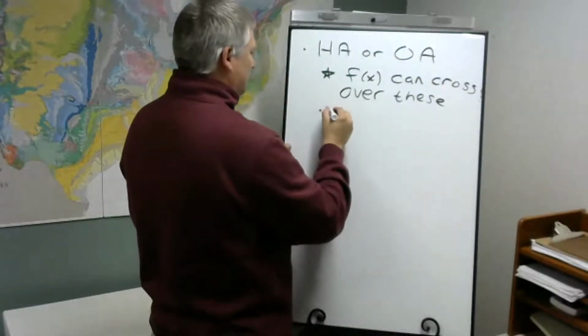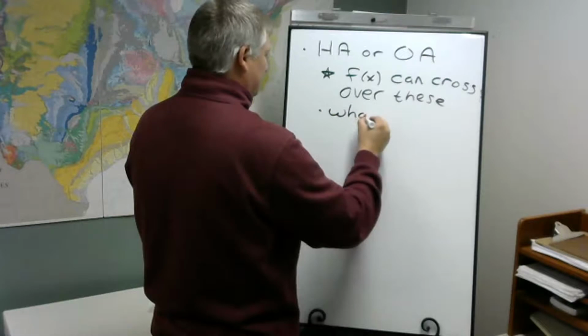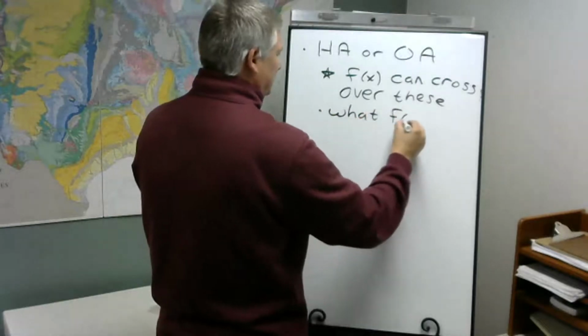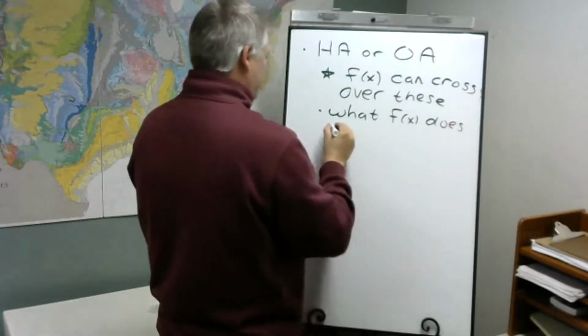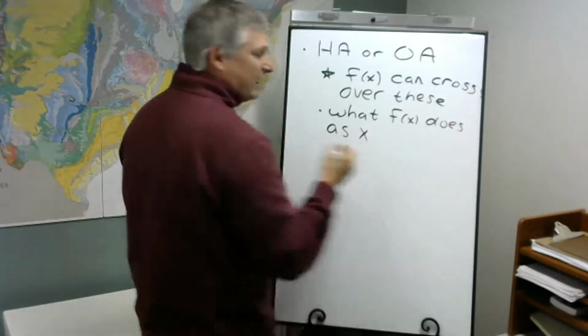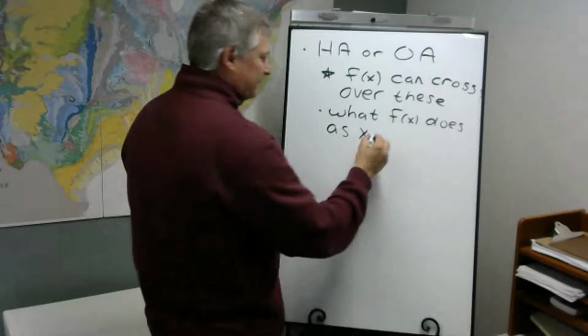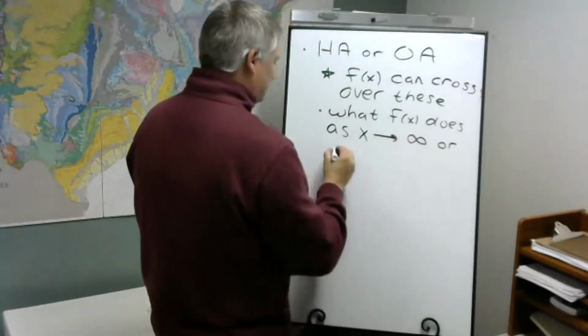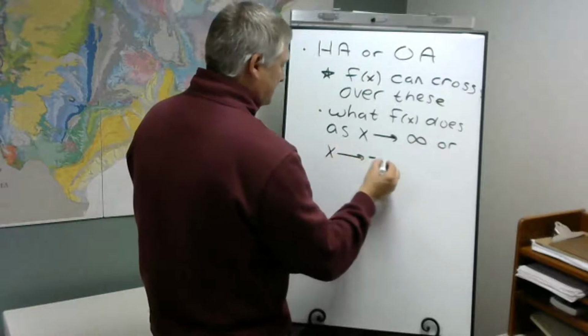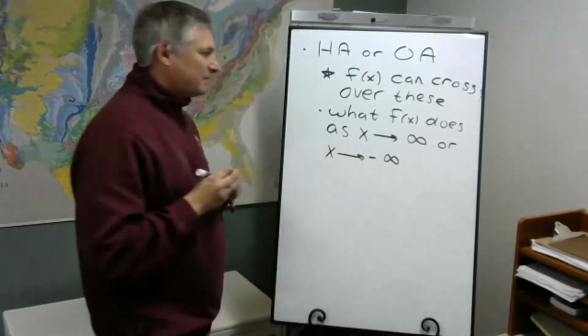What this describes is what f of x does as basically x gets larger. X goes to infinity, or x goes to negative infinity.